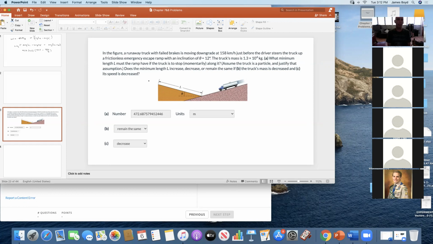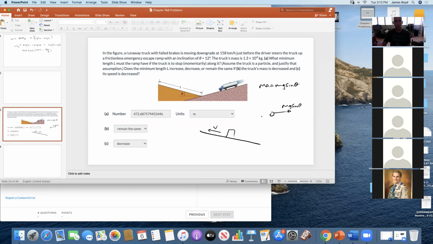So what stops this truck? What's stopping this truck is the force of gravity as it goes up the ramp. As it's heading up the ramp, it has a force on it of mg sine theta. That's the weight going down. That's the only force acting on it, so ma is mg sine theta.